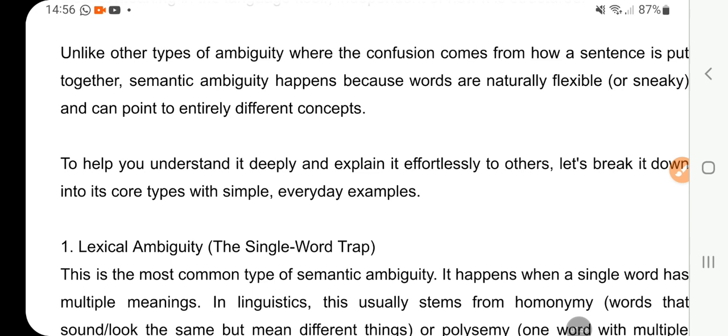Means this is word order. If word order is different from normal, then semantic ambiguity arises.